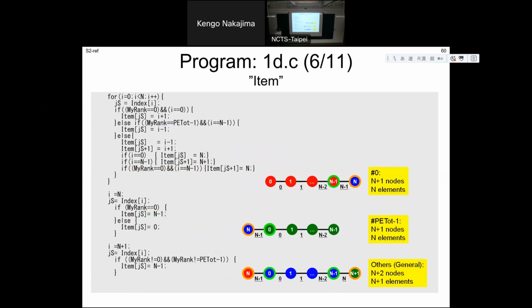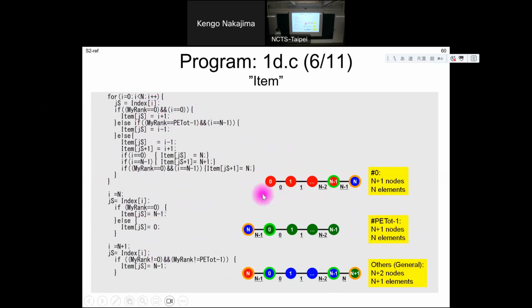Okay, so here we need to specify each item. This part is a little bit complicated, so I need to describe it one by one. We start with a very special case.